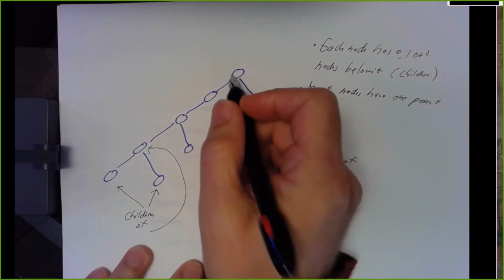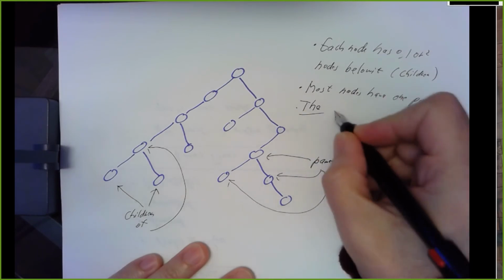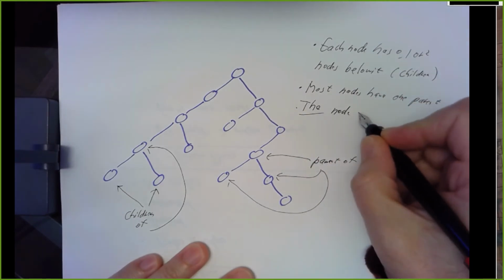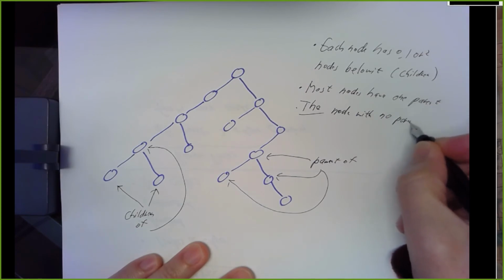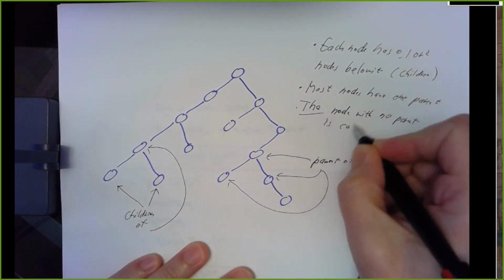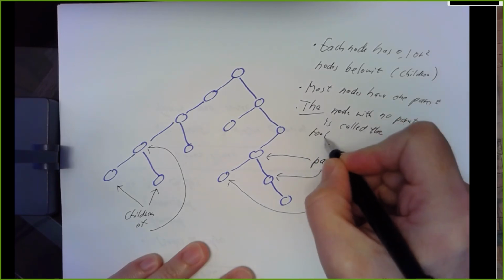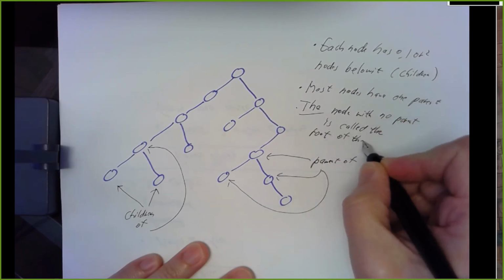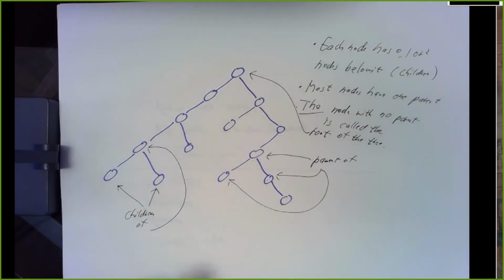Right, it's the node up here at the top. So the node with no parent is called the root of the tree. So in this tree, the root is that node right there. And it's the only node that doesn't have a parent above it.